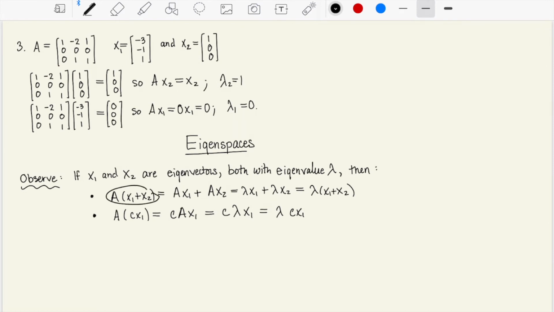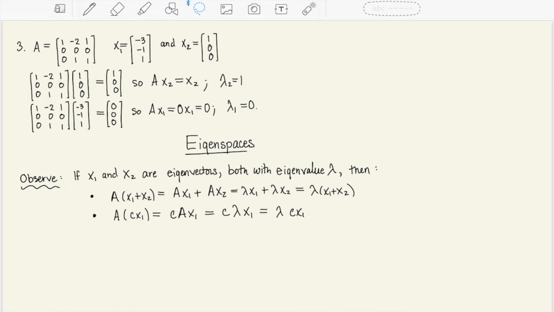That would give you then A of x1 plus A of x2 by linearity, and since each of them is equal to lambda times the eigenvector, you can pull lambda out of the equation. It's equal to lambda times x1 plus x2. Likewise, if you take A times a scalar times x1, you can put the scalar on the outside of the equation. And so this is then going to give you a scalar times lambda x1, or lambda times scalar x1.